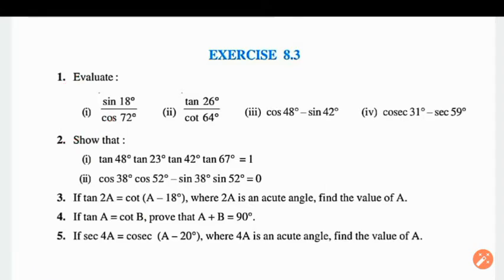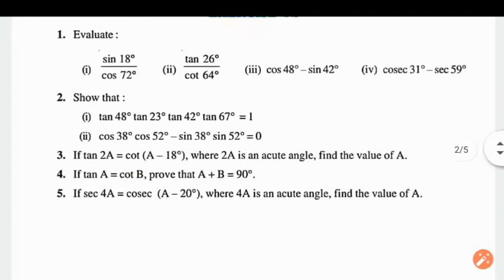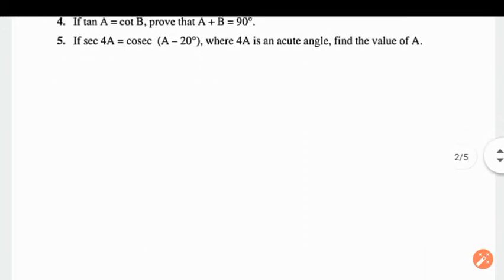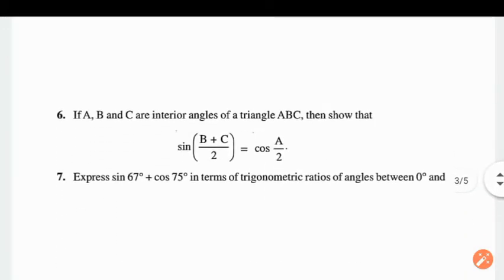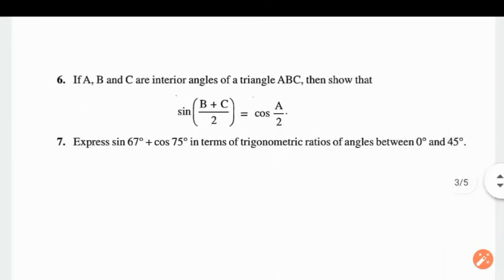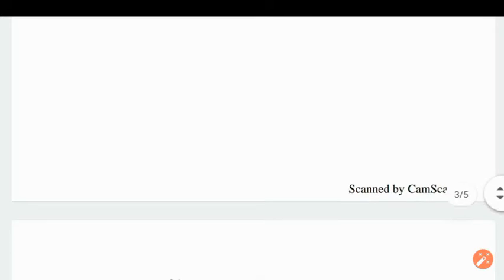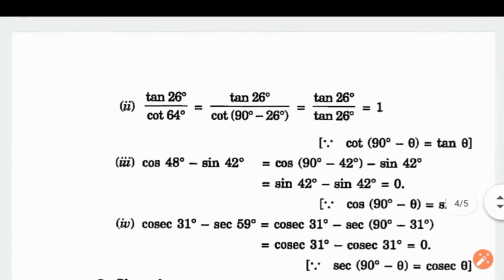Total we have 5 questions, so let's do one by one. I am starting from question number 2. Okay, no, sorry, we have a total of 7 questions in this exercise.